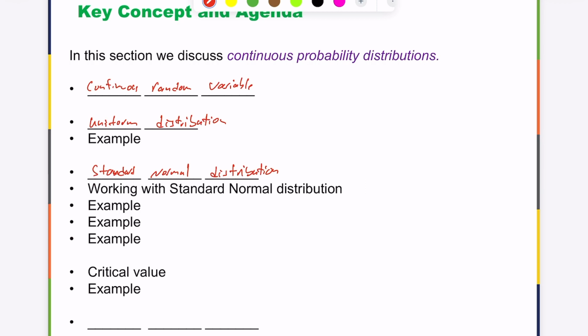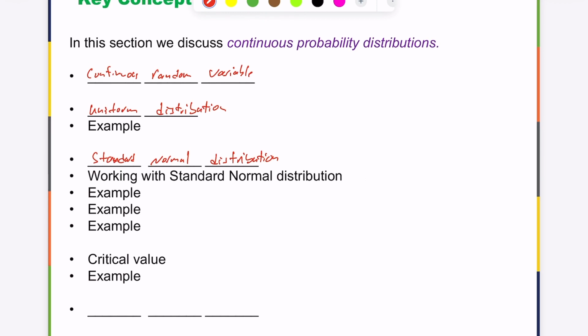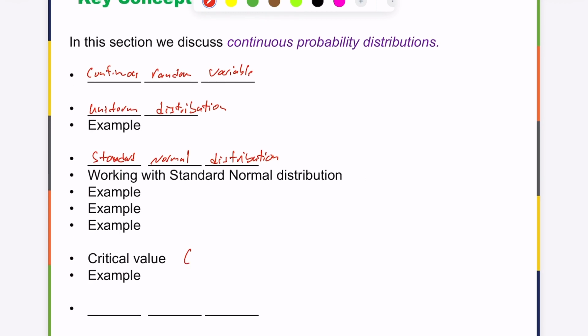And then we'll talk about critical values, which we've sort of already seen. This is related to z-score. And then we're going to talk about the not standard normal distribution, the normal distribution. So we'll just call that the normal distribution, as opposed to standard normal distribution.